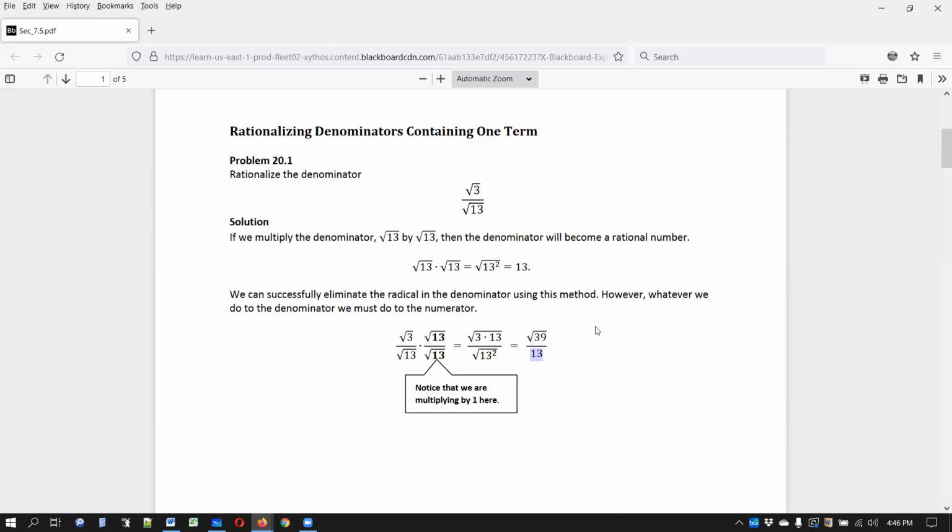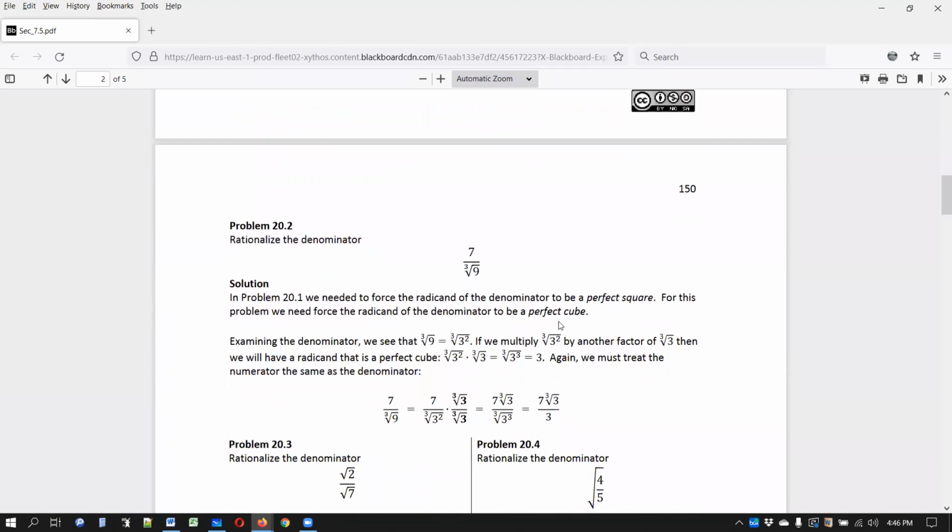So this is the purpose of simplification of the radical in the denominator, calling the process rationalization of the denominator, because now the number is a rational number and the division makes sense. I'm dividing whatever this number is into 13 parts. So this is our goal here, okay?